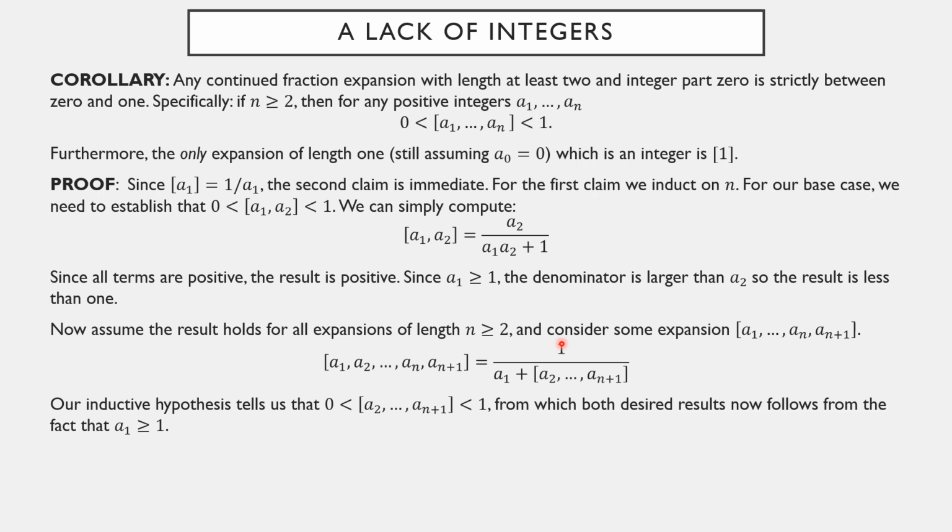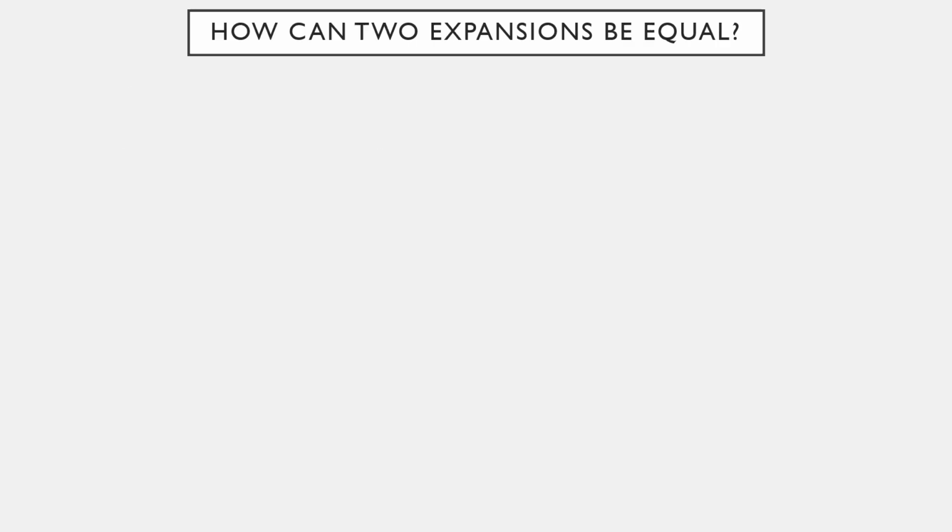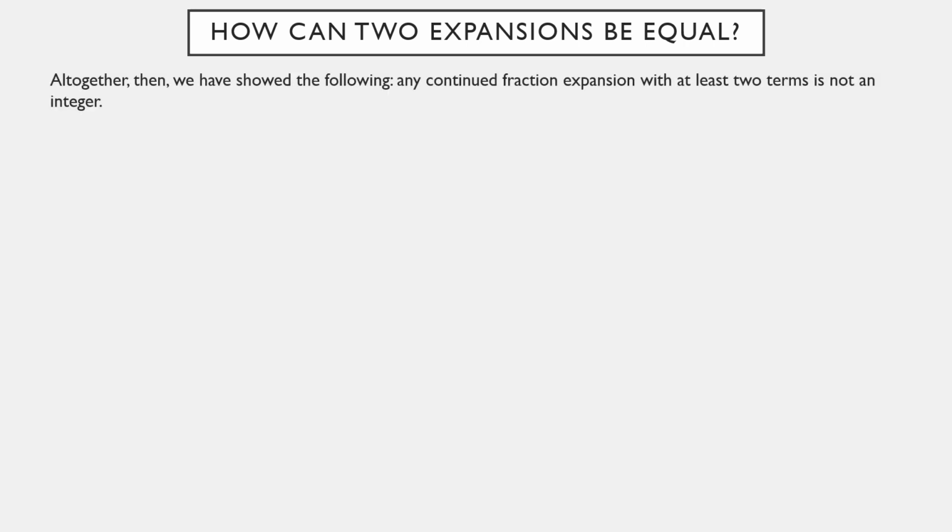So now what we have is 1 over a positive integer plus something between 0 and 1. So 1 over a non-integer that is bigger than 1. 1 over that is therefore less than 1, but everything is positive. So what have we done so far? Not a whole lot. Any continued fraction expansion that has an index 2 partial quotient is not an integer.